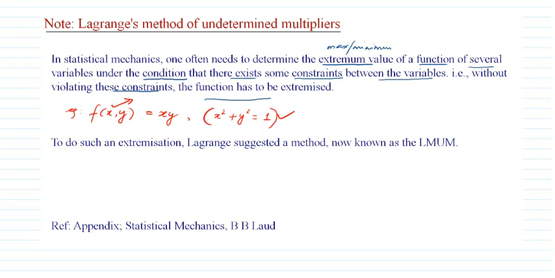In such a process of extremization including constraint equations, it was Lagrange, a mathematical genius, who suggested a method which is nowadays known as the Lagrange's method of undetermined multipliers, which I have abbreviated as LMUM. This is not an accepted abbreviation, so just call it Lagrange's method of undetermined multipliers.